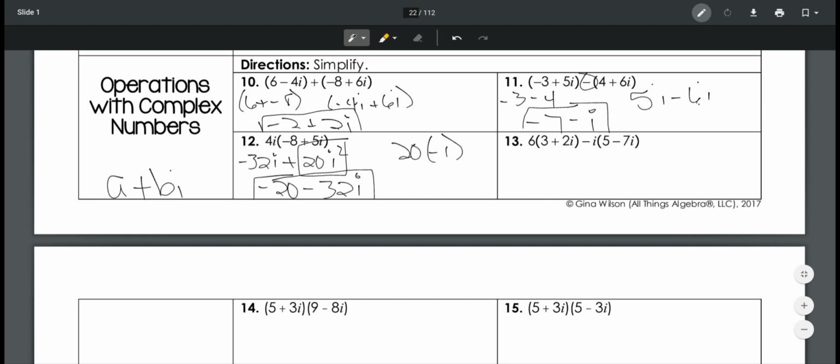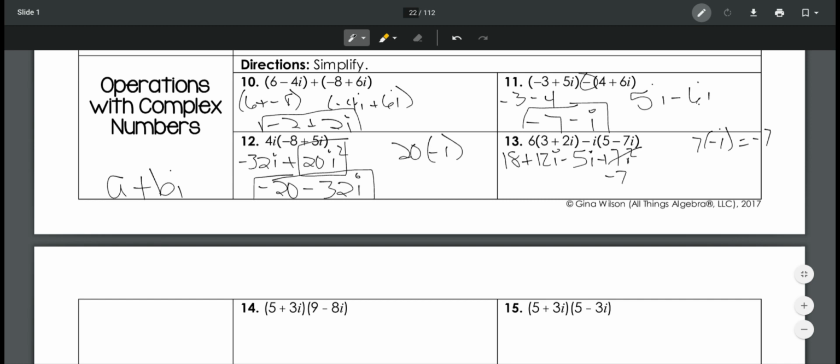So in the first parentheses, we're going to distribute the 6, so that would be 18 plus 12i. In the second group, we're going to distribute the negative i, which gives me negative 5i plus 7i squared. Now, I have to simplify my 7i squared. So 7 times negative 1 is negative 7.